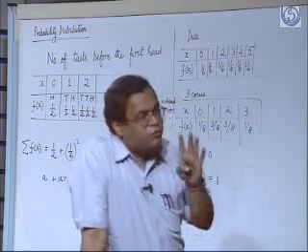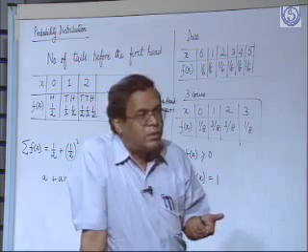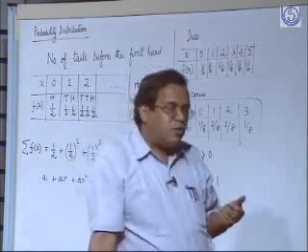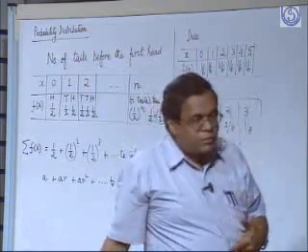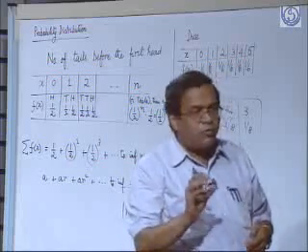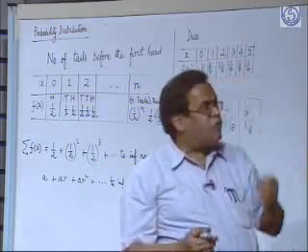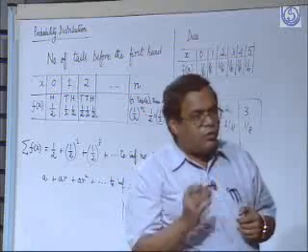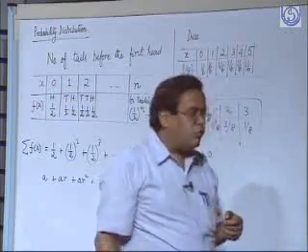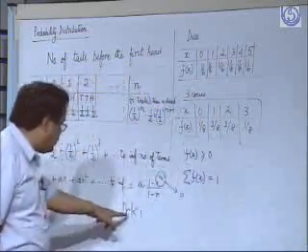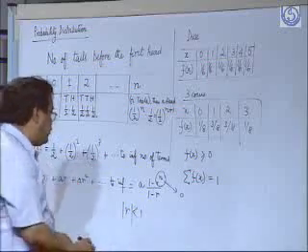So 7 by 2 is a fraction, but it's not a proper fraction. 8 by 3 is a fraction, but not a proper fraction. But 3 by 8 is a proper fraction. And when you express a proper fraction as 1 by something, then that something is always more than 1.